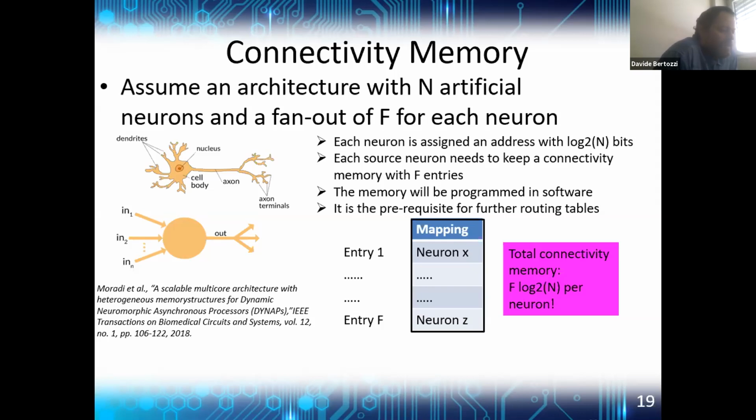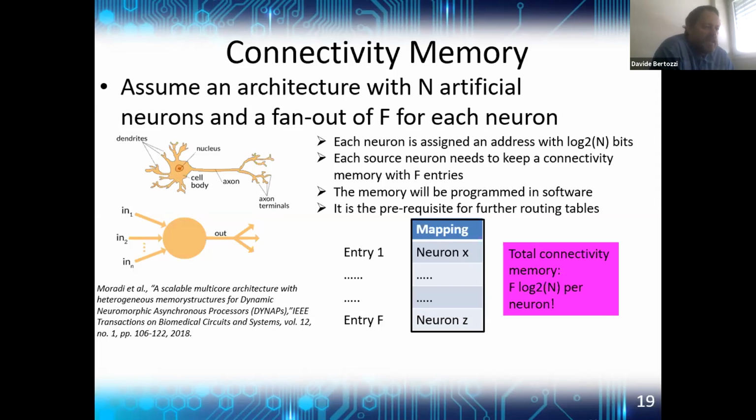Therefore, to support a fan out of f destinations per neuron, a storage of f times the base 2 logarithm of n bits per neuron would be required. In total, the size of the connection memory for the whole network would be n times f times the base 2 logarithm of n.